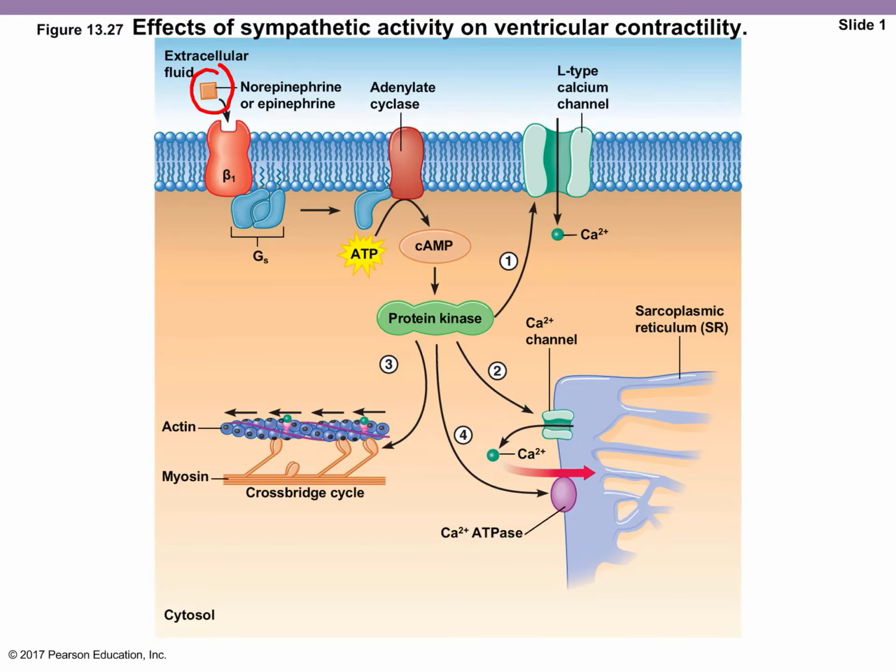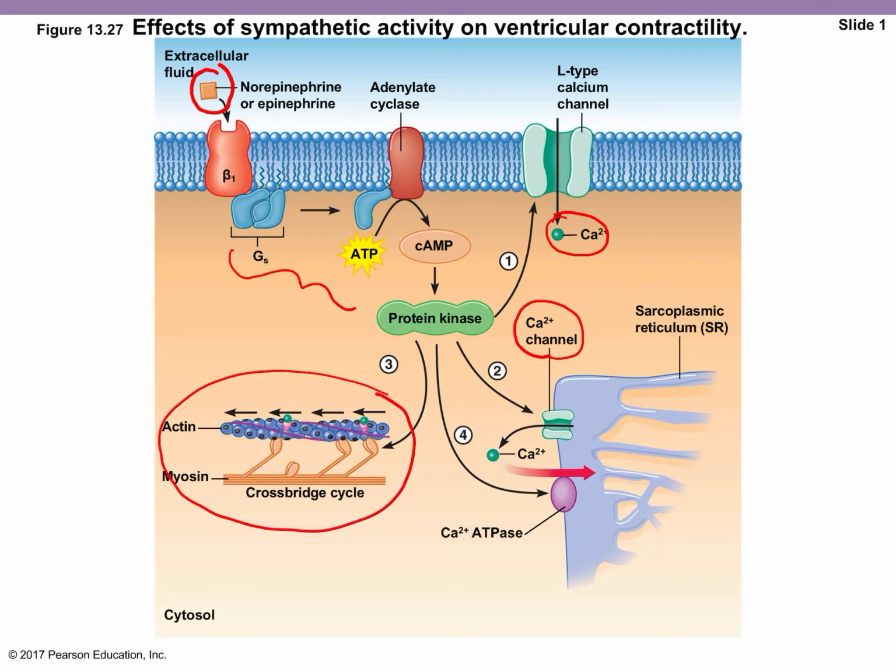So again, we have our norepinephrine or epinephrine. We have our secondary messenger system. And then we have our calcium coming into the cell. This is going to allow our calcium channels of our sarcoplasmic reticulum to put calcium into the cytoplasm here.